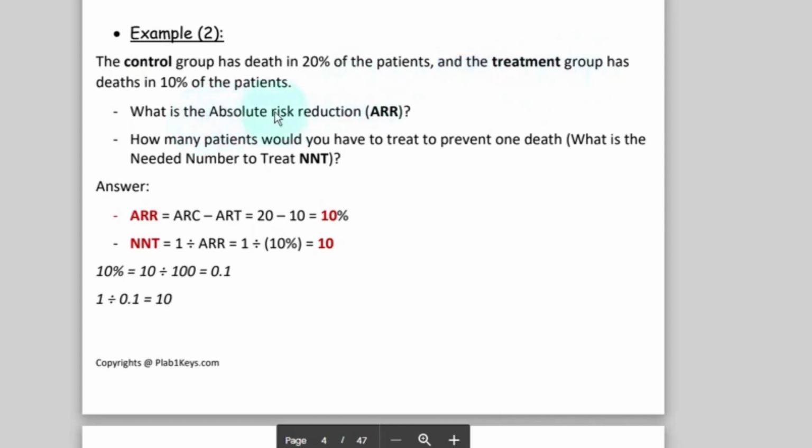So, what is the absolute risk reduction? The absolute risk for the control is 20%. Now, the absolute risk for the treatment group is 10%. How much does it improve? How effective is it? 10% effective.